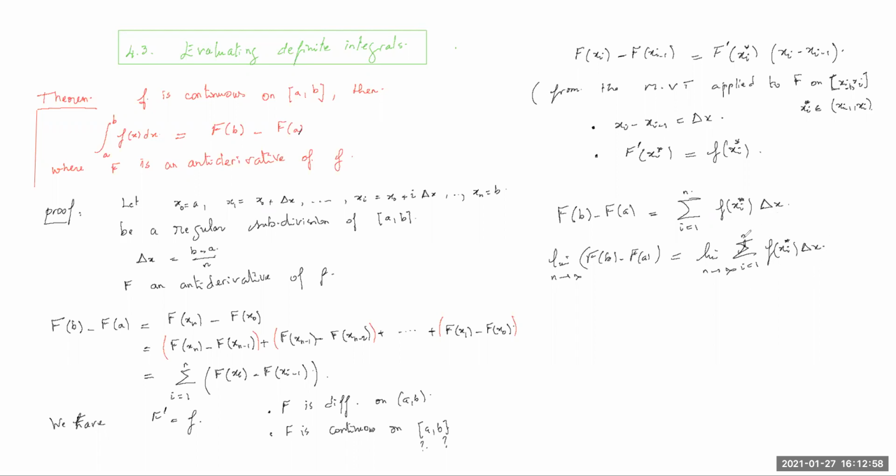Since it's a Riemann sum, we recognize it, and our function is continuous. From one of the theorems, any continuous function has a definite integral. So this one is exactly the integral from a to b of f(x) dx that we wanted to show, and this limit is exactly the value of F(b) minus F(a).